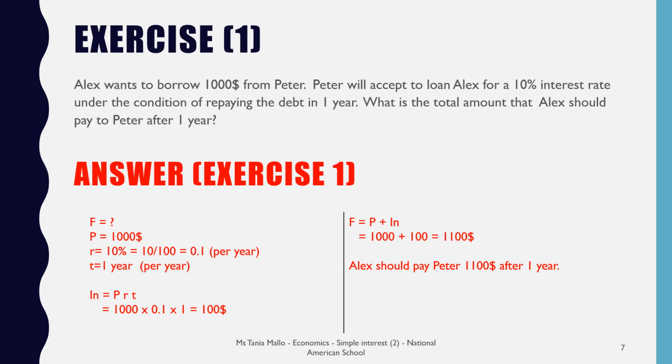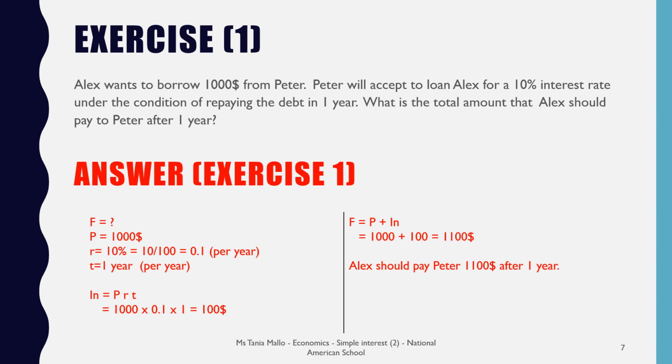That means when Alex wants to repay Peter, he has to repay $1,000 plus an interest that we're going to calculate. The question is how much Alex should repay to Peter after 1 year. That means he wants to know F, the total amount that Alex should pay to Peter. So it is P plus IN.